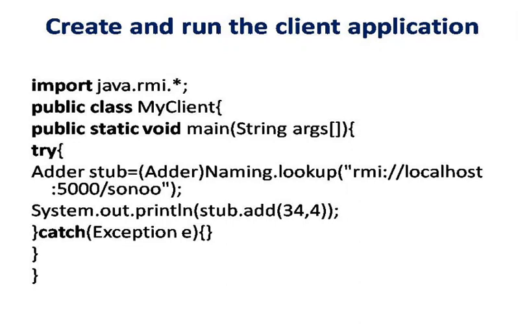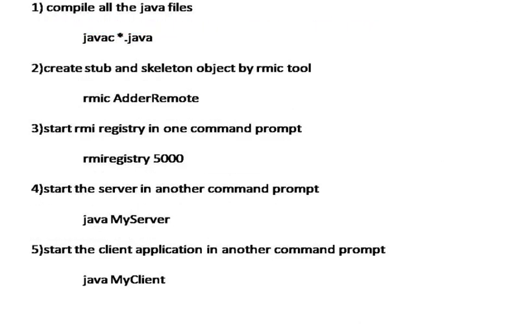Once you complete this, you have to compile the server separately and the client separately. First of all, we have already compiled with rmic, where it generates the stub and skeleton. We have started the RMI registry, and after that we compile the server and the client, and then everything is ready.